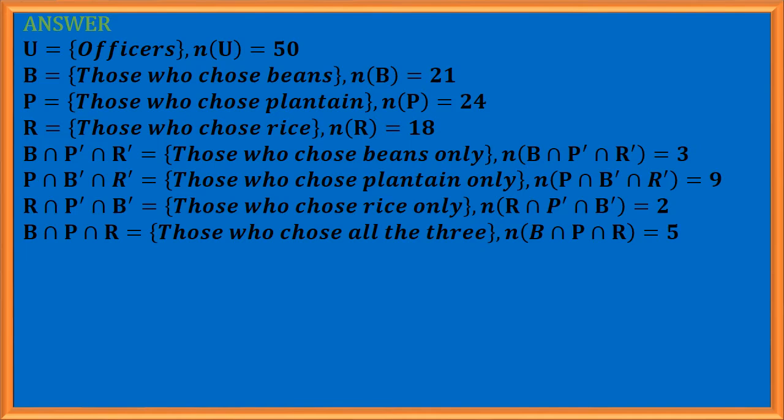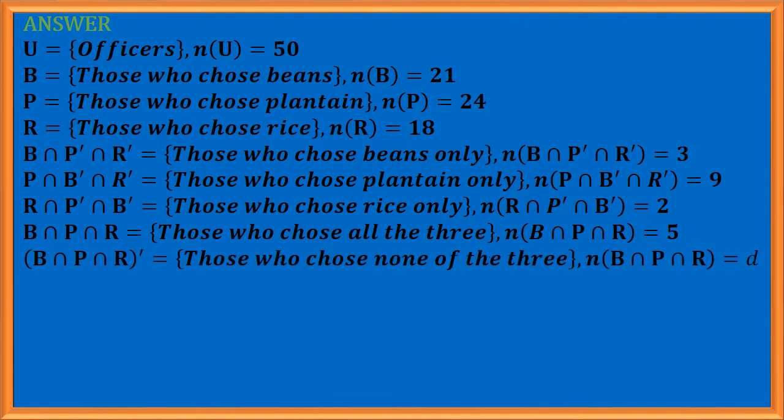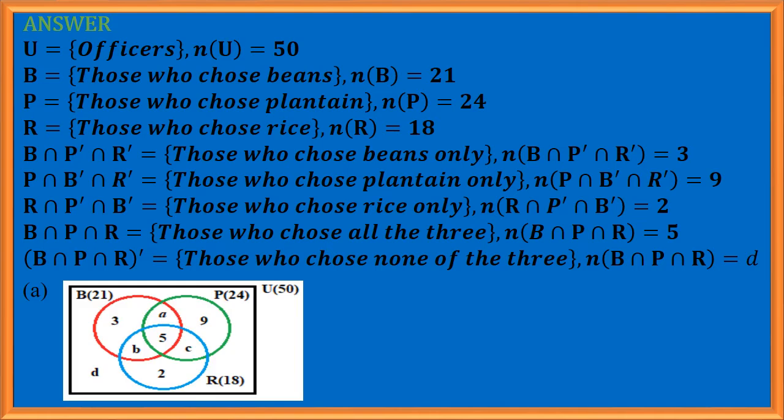Then those who chose none of the 3 foods will be represented by a variable. So let's say D. We can now represent this on a Venn diagram as seen below.